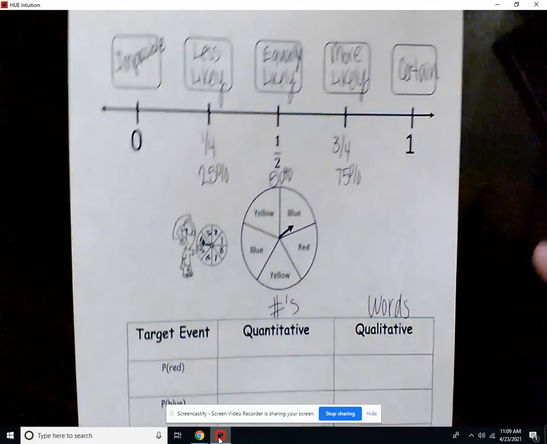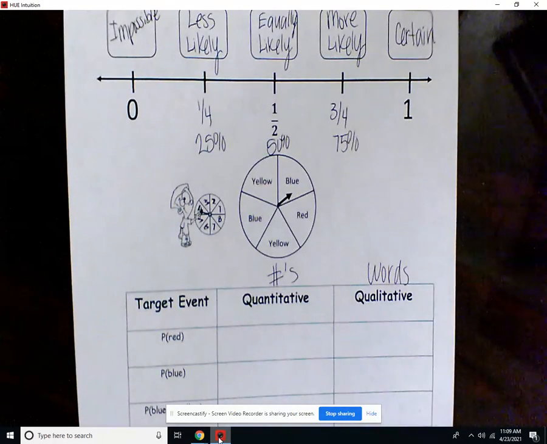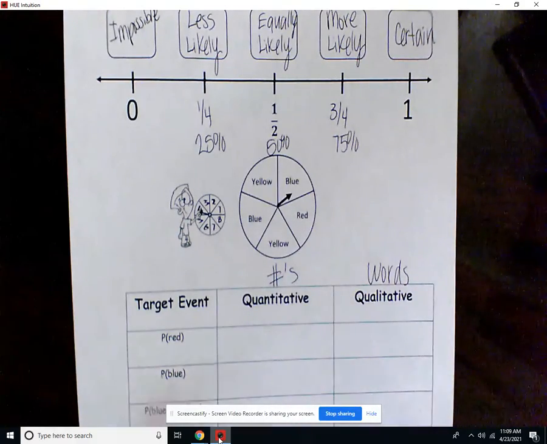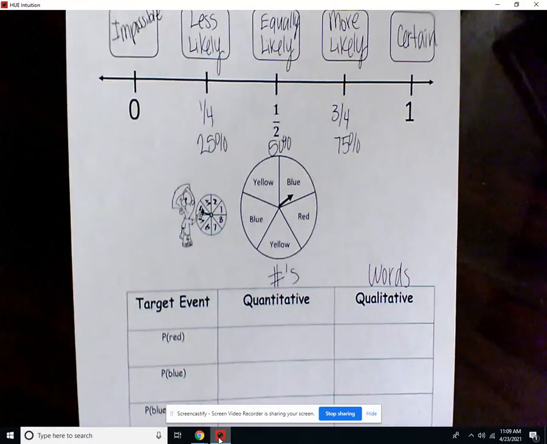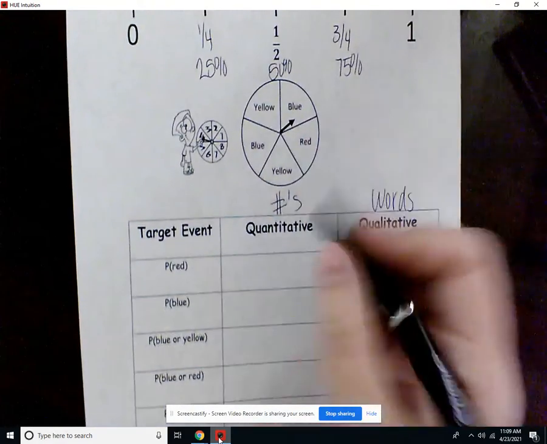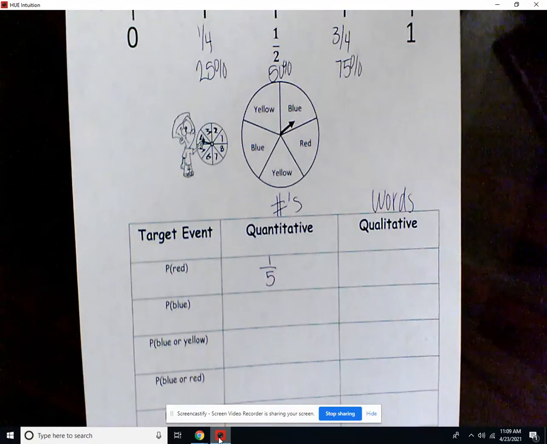Okay, so below we have a spinner, and we're going to find the quantitative first, and then we'll go back and do the qualitative. So we have 5 sections. So we know P(red) means probability of getting a red. So I have 1 red out of 5 total, which is 1/5.